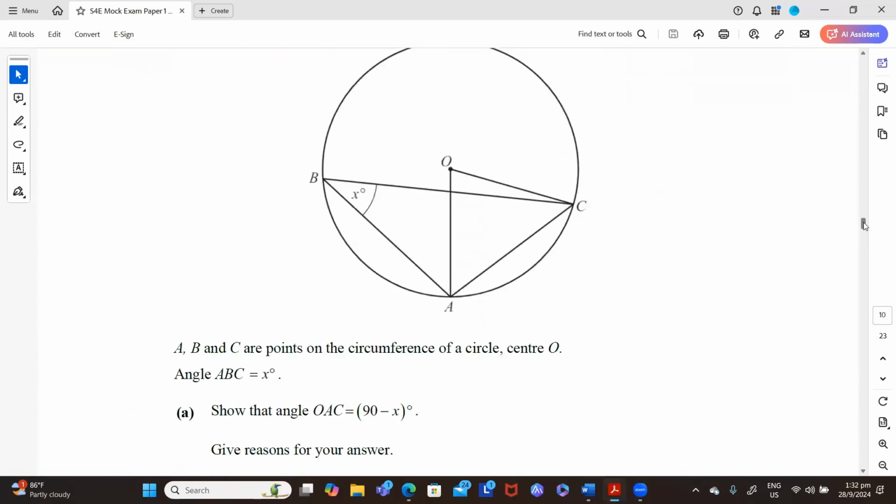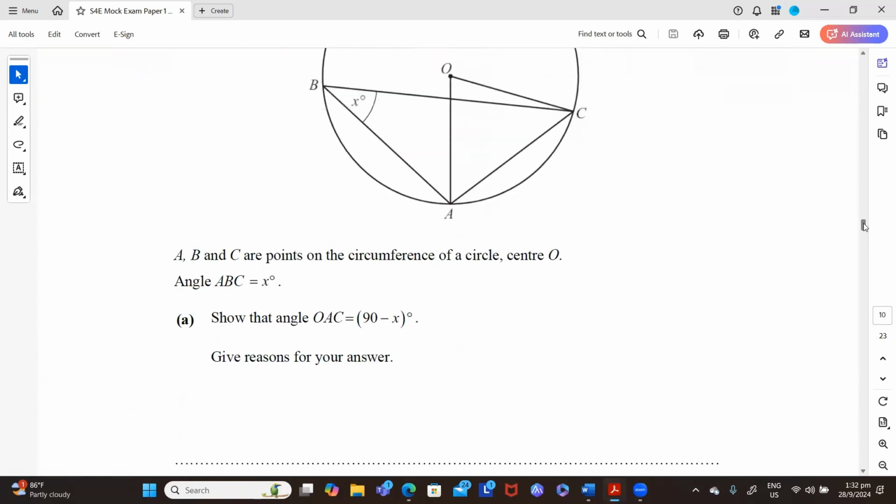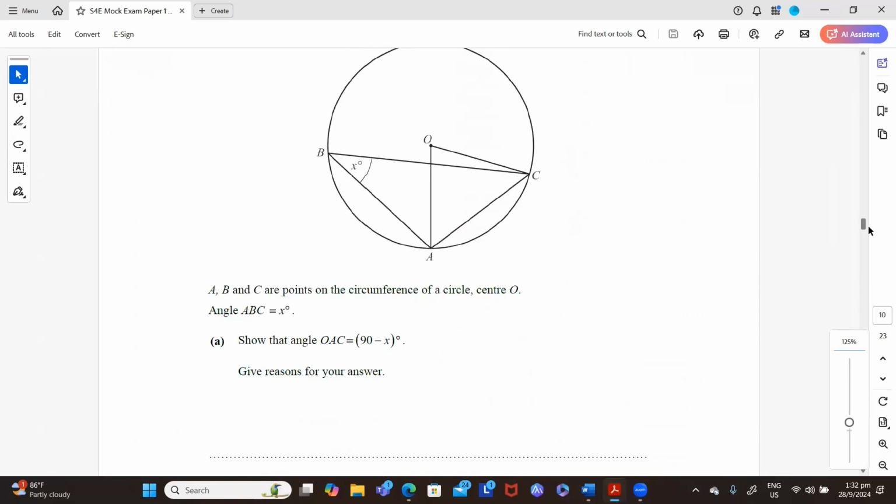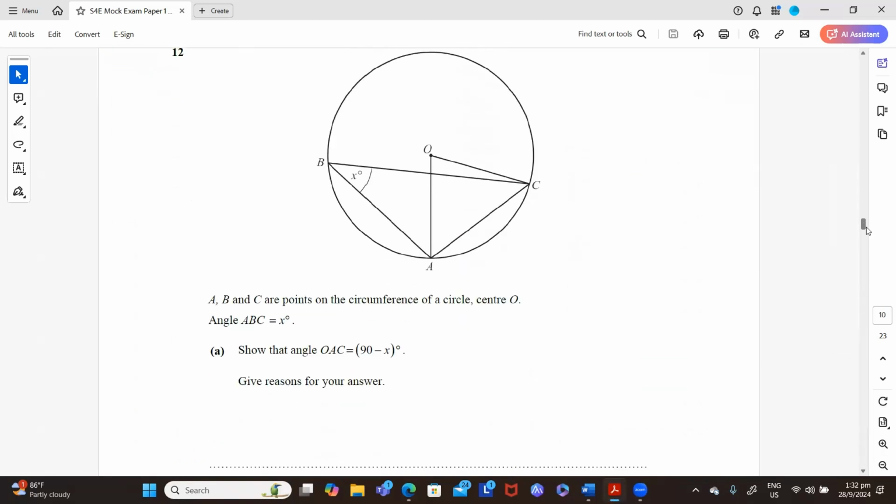Okay, let's move on to question 12. Show that angle OAC is 90 minus x. Okay, so you have to give a reason. This angle at the center and this angle at the circumference both spring from the same line AC.